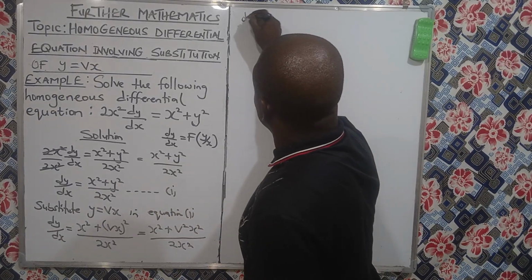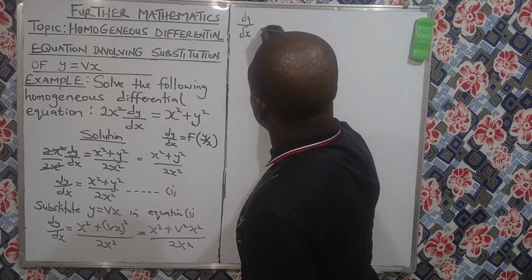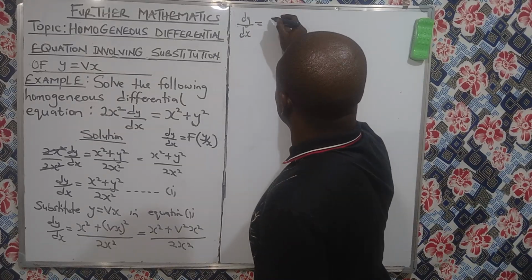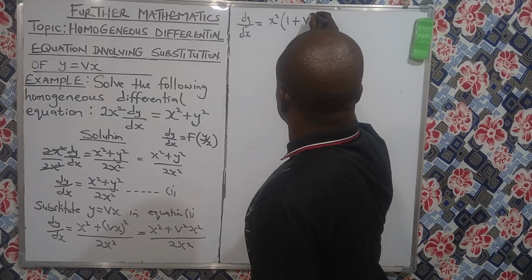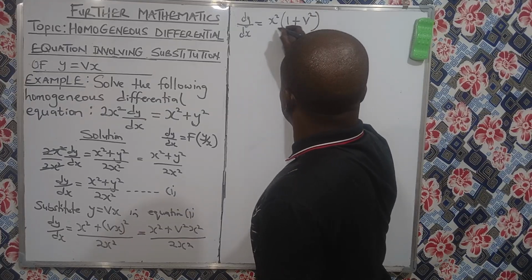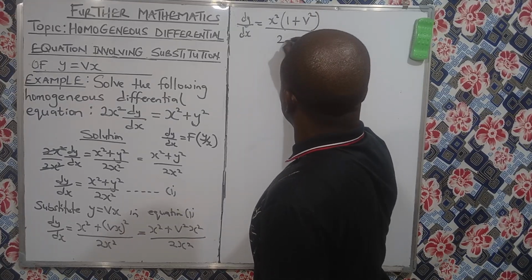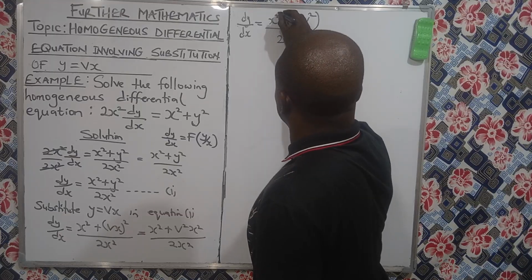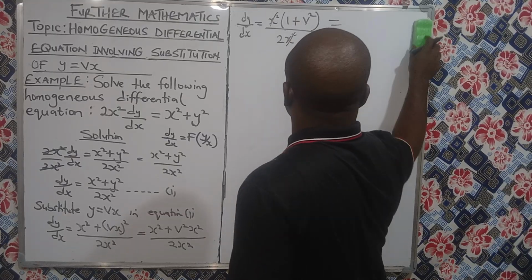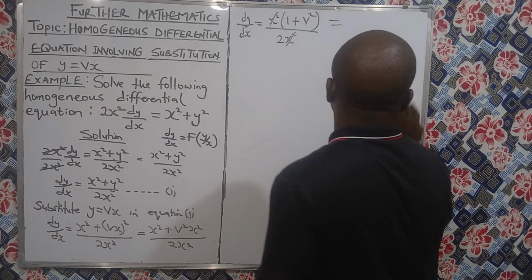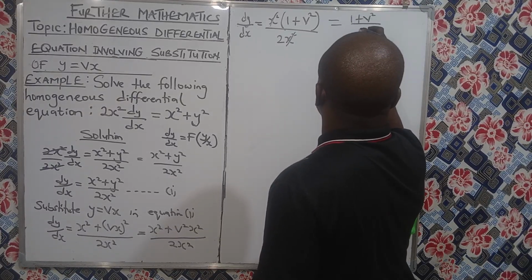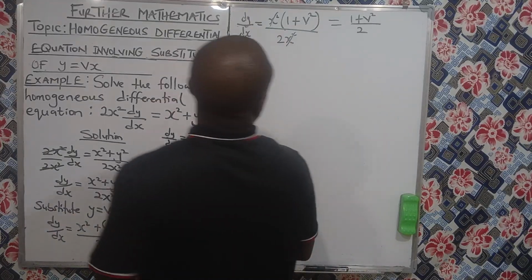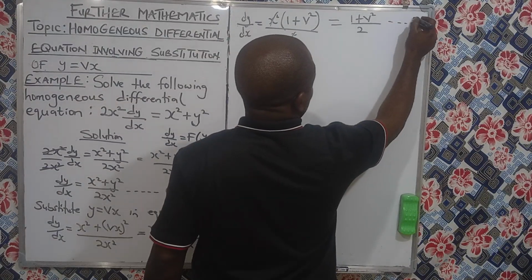We're having dy over dx, because x squared is common, x squared into 1 plus v squared over 2x squared. x squared cancels x squared. We're left with 1 plus v squared over 2. Let's call this one equation 2.